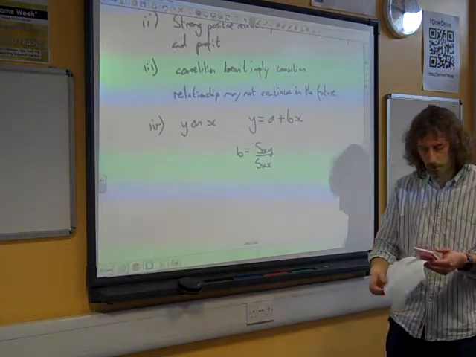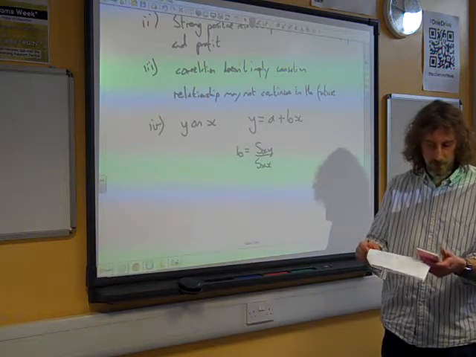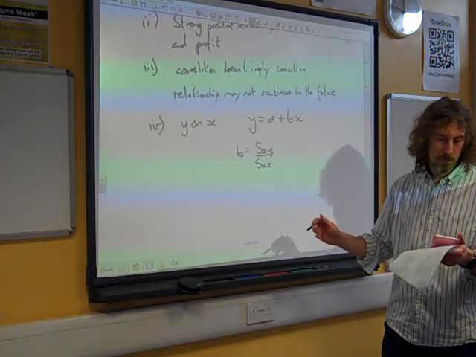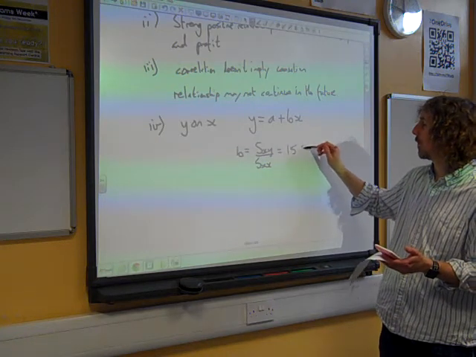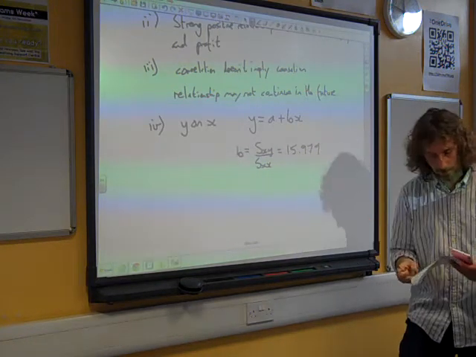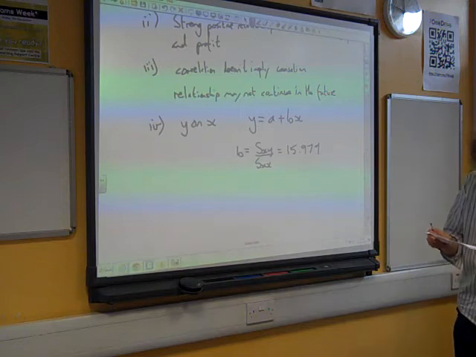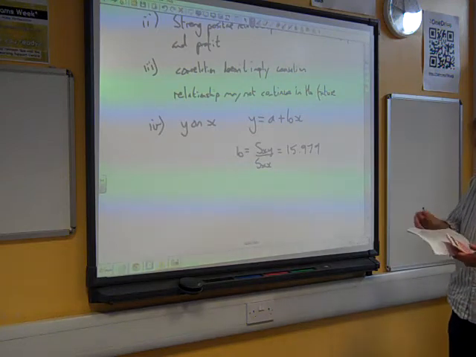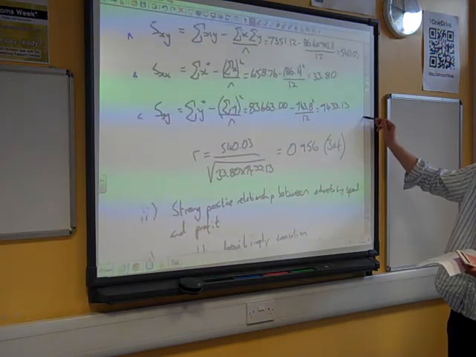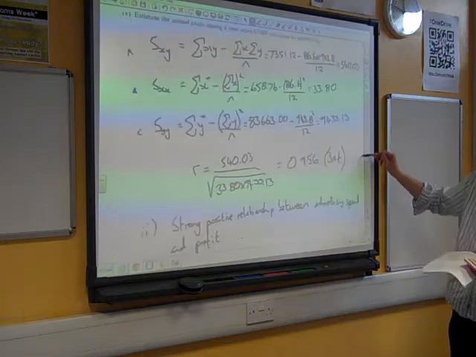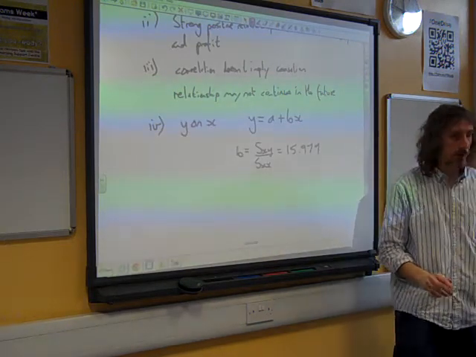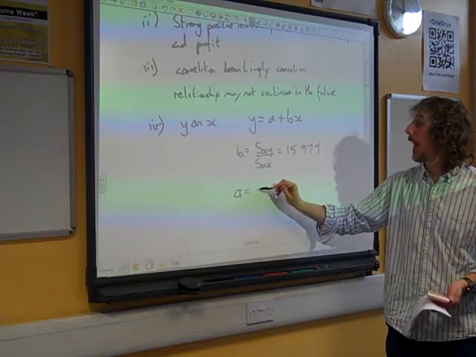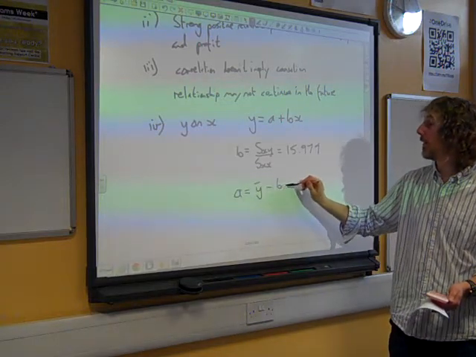So from my stored value, I get 15.979. That's my value. Did it tell us how many decimal places to use? It didn't say anything, did it? Okay. To get the value of a is y bar minus b times x bar.